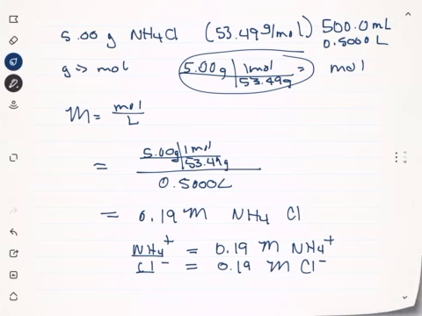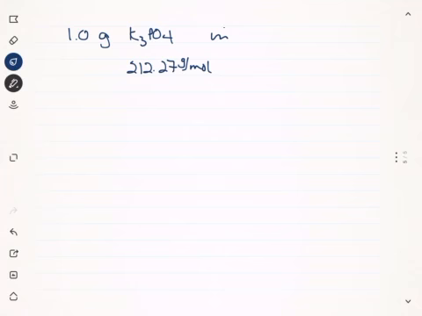Easy. And one more. This one we have 1.0 grams of potassium phosphate, and potassium phosphate is 212.27 for molar mass. We are given 250 milliliters of solution.